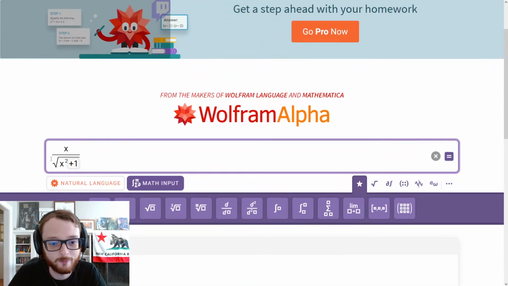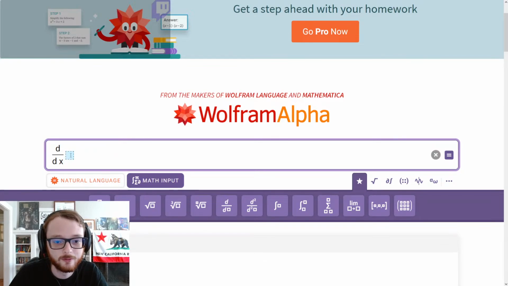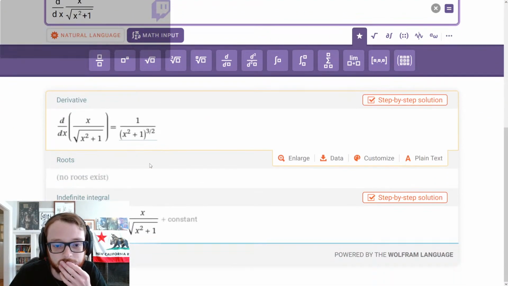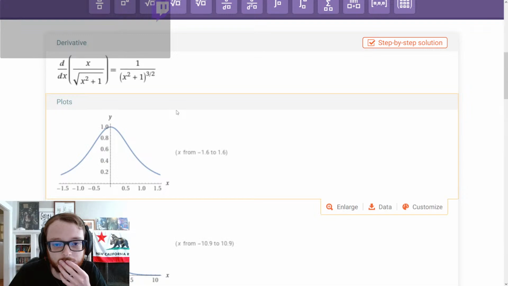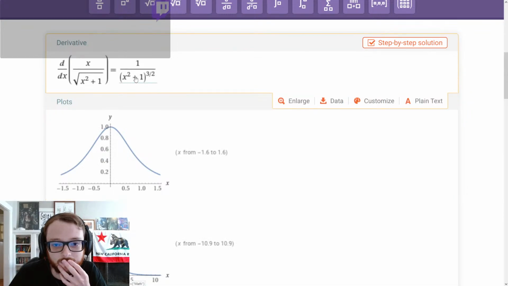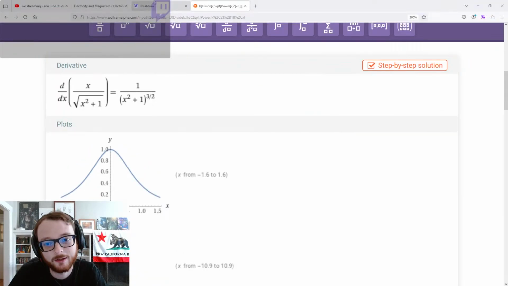I should have told Wolfram to actually take the derivative of that. Really? That's weirdly clean. It's just 1 over x squared plus 1 to the 3 over 2. I guess so.